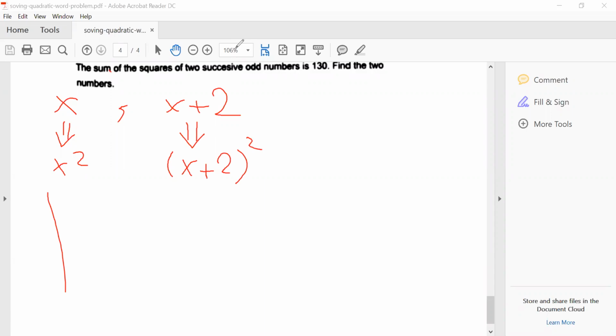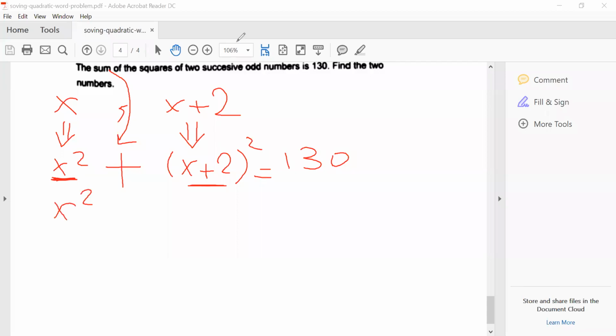He told me the sum, which means adding the squares of the two successive odd numbers. The sum of them equals 130. Let's complete the previous exercise. x squared as it is.